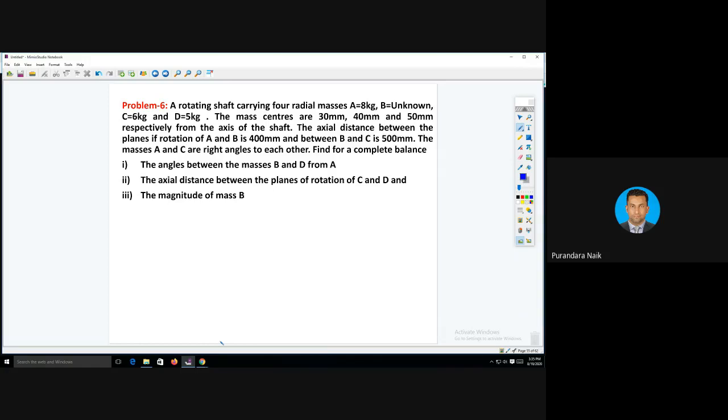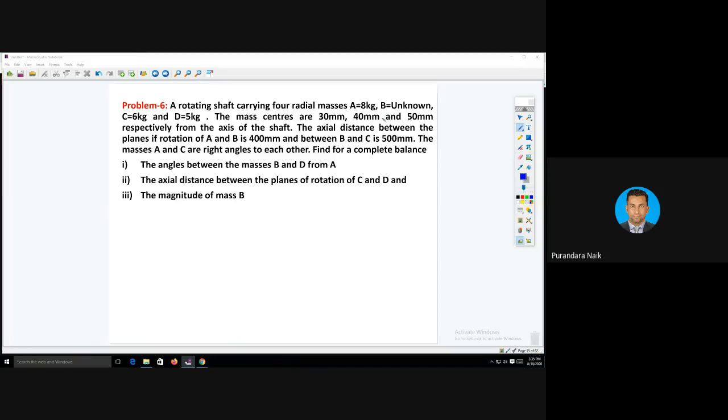Now here the radius of A is 30 millimeter, B is 40 millimeter, and C is also 40 millimeter. Please add this, as C is missing here.